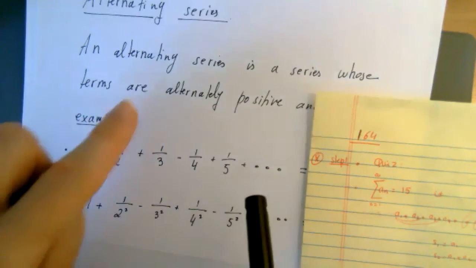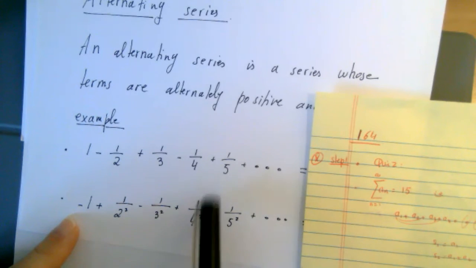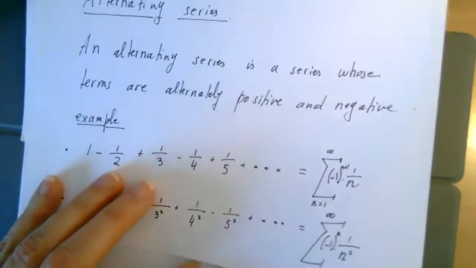That's what an alternating series is. Another example is -1 plus 1 over that, minus, plus, minus.